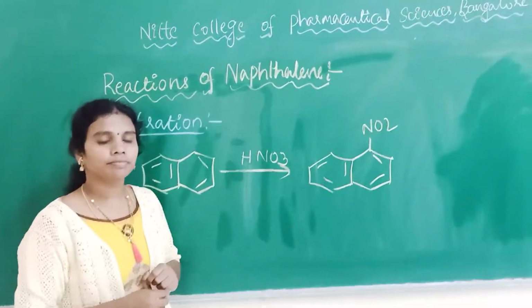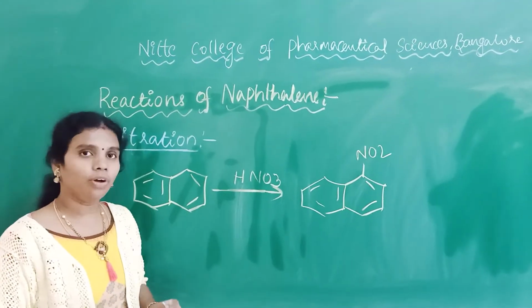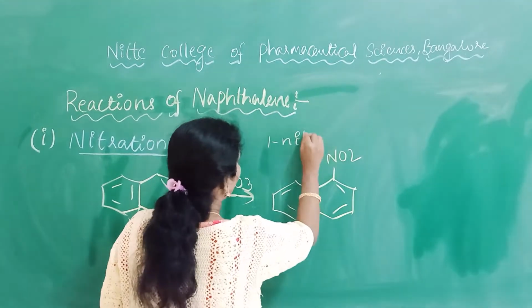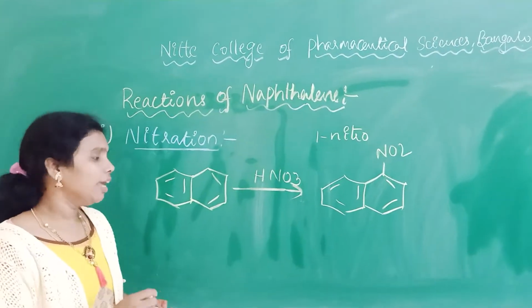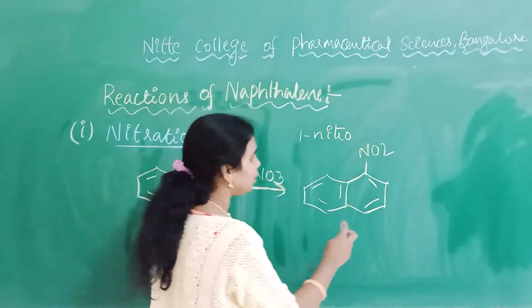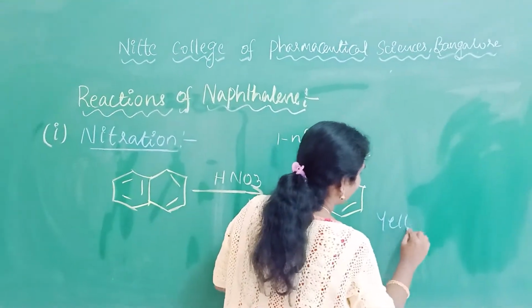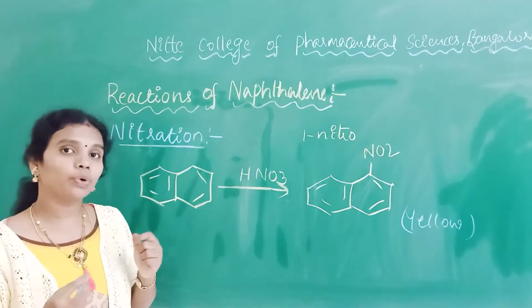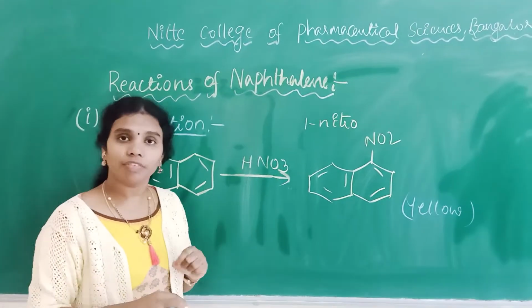It gives 1-nitronaphthalene. It is a yellow solid product, the same way as when you get nitrobenzene, the same kind of product will be observed.